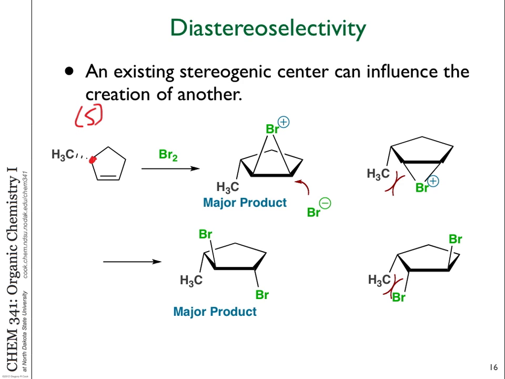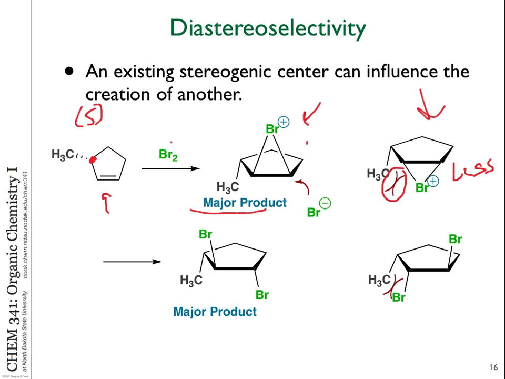For example, the bromine could add to the top side of that ring, as shown here, or the bottom side of that ring. Notice that that bromine has to come from the bottom. It comes close to that CH3. Now there's a different steric environment. So we would get less of this one, and we would get more of this one. That's a stereoselective process. So we could form one diastereomeric intermediate over the other in the first step.